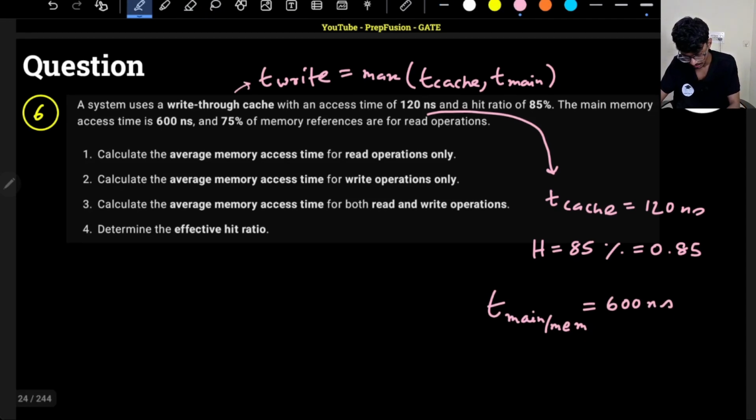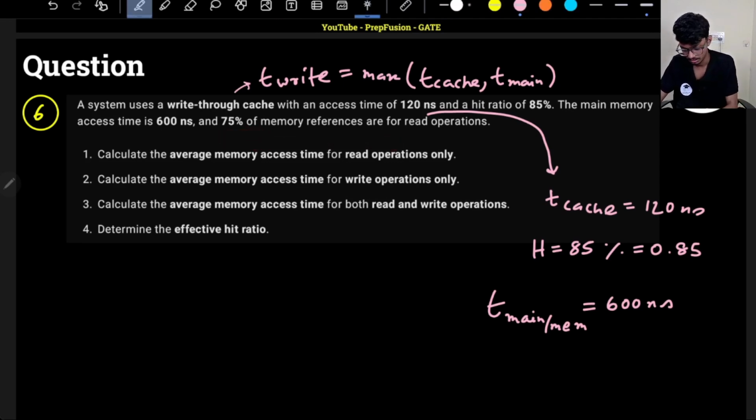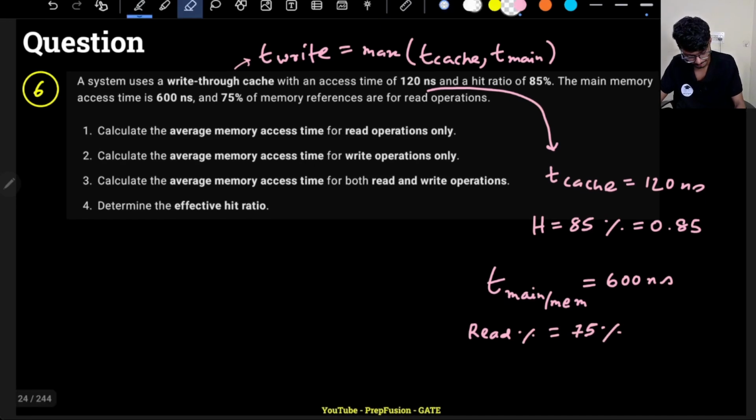And 75% of the memory references are read operations. So the read percentage equals 75%, which equals 0.75.